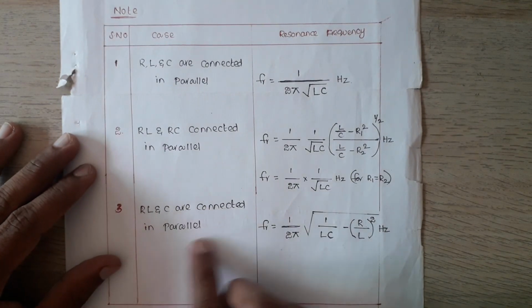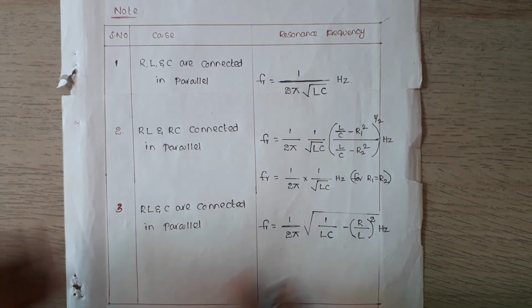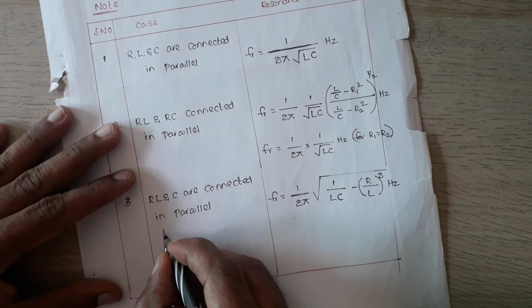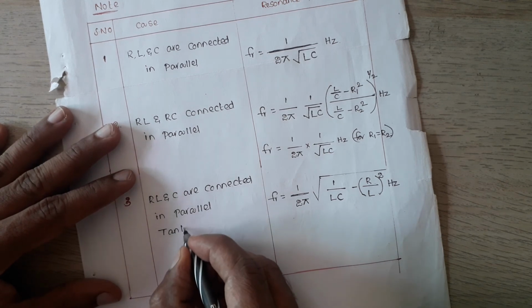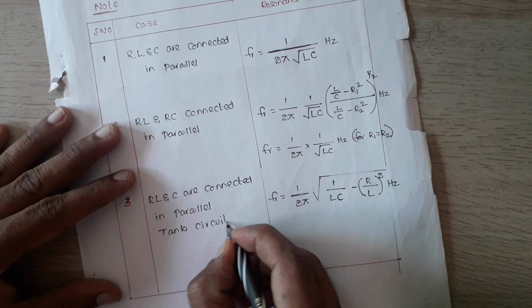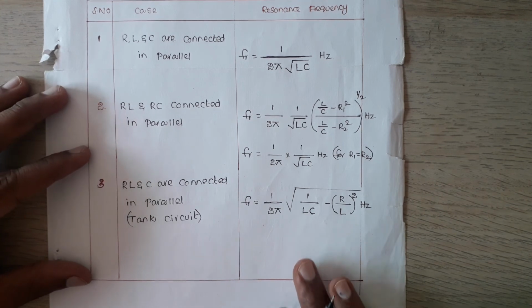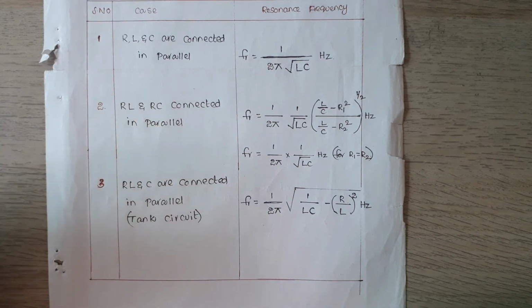For RL and C connected in parallel, this is called a tank circuit. For tank circuits, the resonance frequency = 1/(2π) × √(1/(LC) − (R/L)²) hertz.